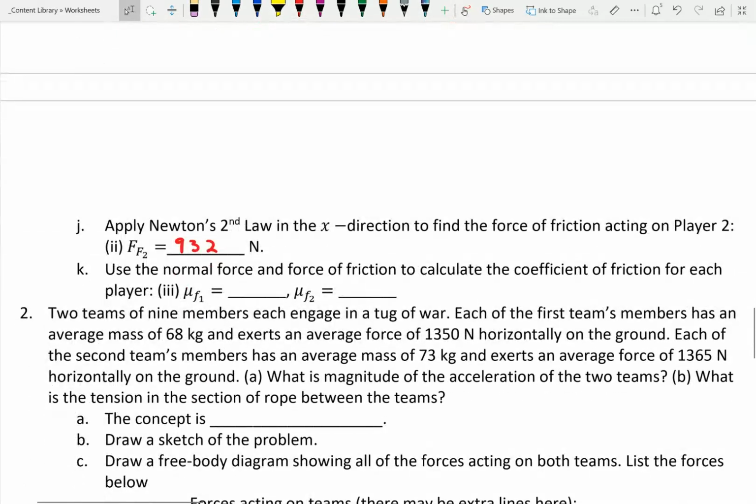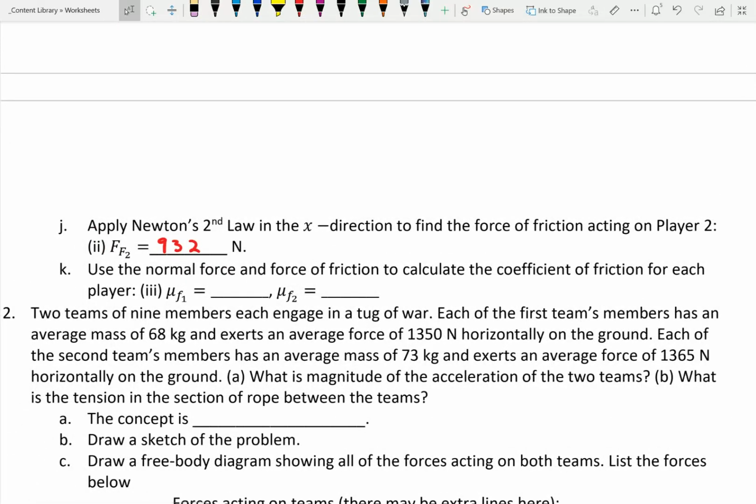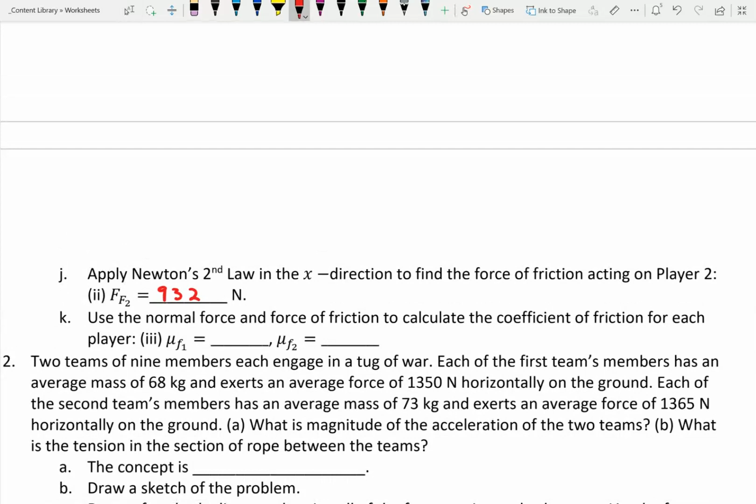Now use the normal force and the force of friction to calculate the coefficient of friction for each player. So remember, my coefficient of friction is equal to the force of friction divided by the normal force. So mu1 is equal to force of friction 1 divided by n1, which is just from the numbers that we've already done.